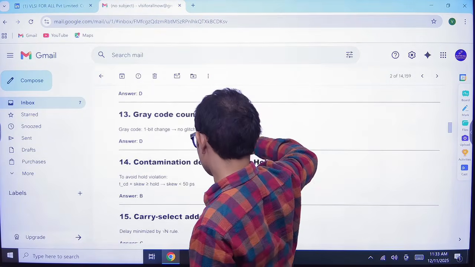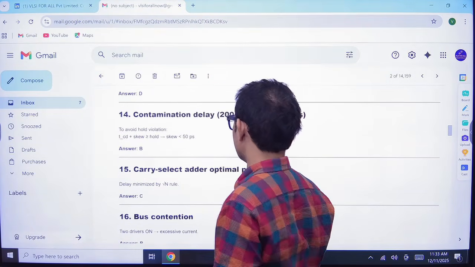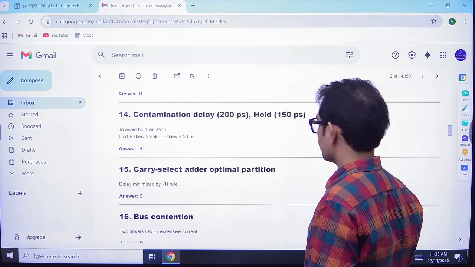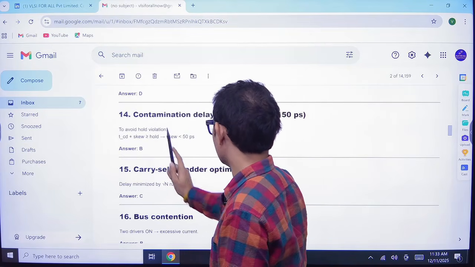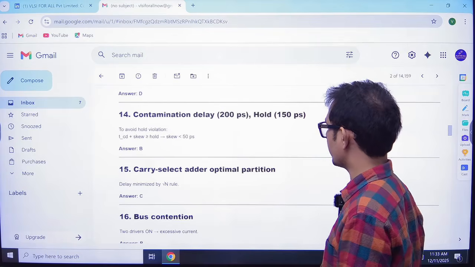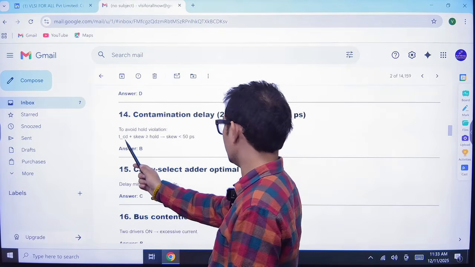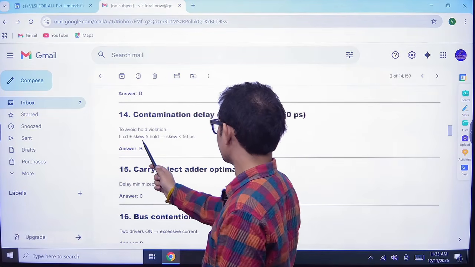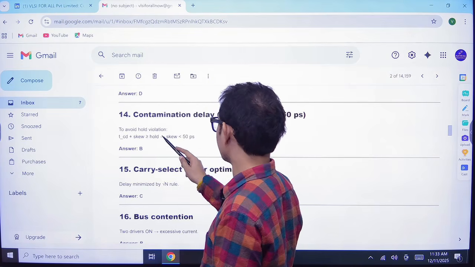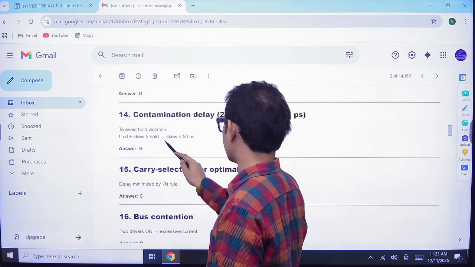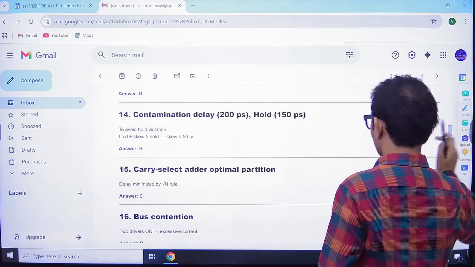So the answer for this is that it should be lesser than 50 ps. To avoid hold violation, this is the formula we are using: contamination time plus skew is greater than the hold time, right? If we put all these values in, it will come like this. So this is the formula we have.